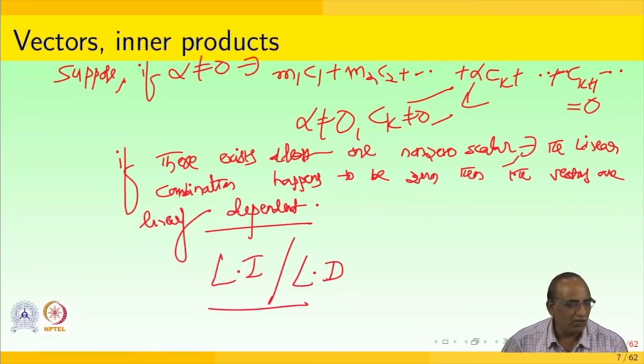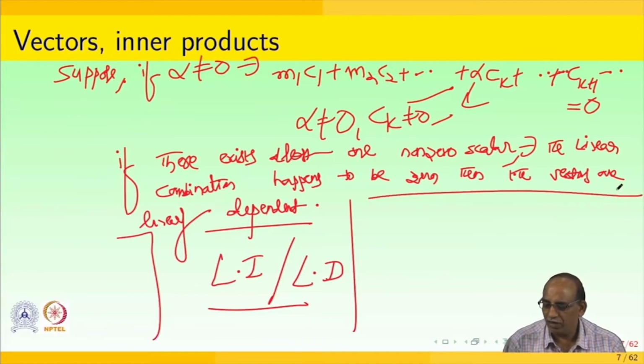Then also we will have what we call the matrix properties. All of you know matrix properties very well.